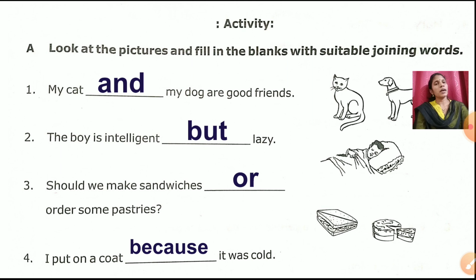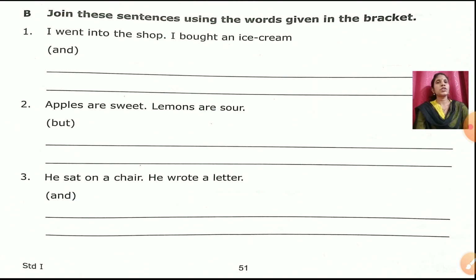Now, I hope you have written all the answers. Now let us go to the next exercise. Join these sentences using the words given in the bracket. We have to join sentences with the help of the word given in the bracket. I went into the shop.